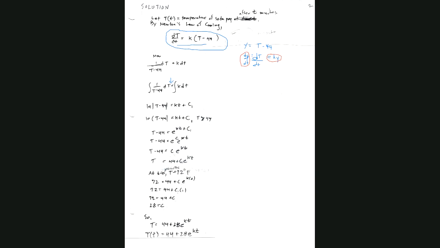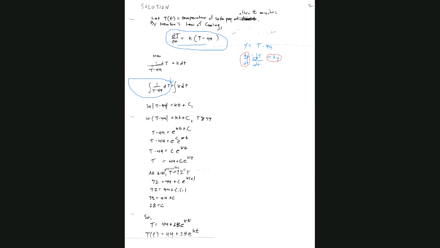Okay, now we could use a substitution here, right? We could let u equal t minus 44 and do a little substitution to integrate this, but I don't think it's that hard to see that the antiderivative of the left side here is going to be the log of the absolute value of t minus 44.